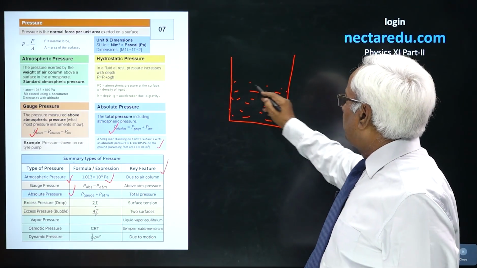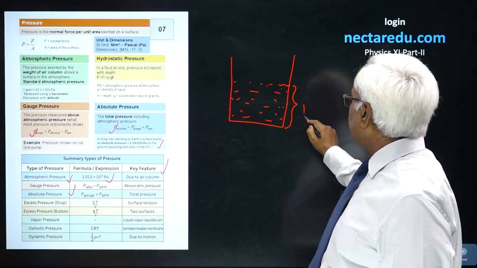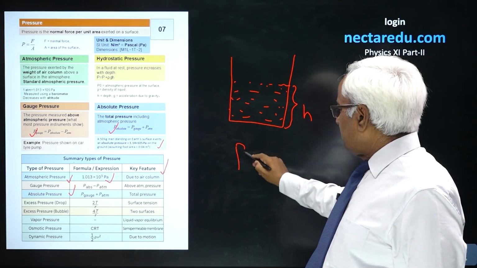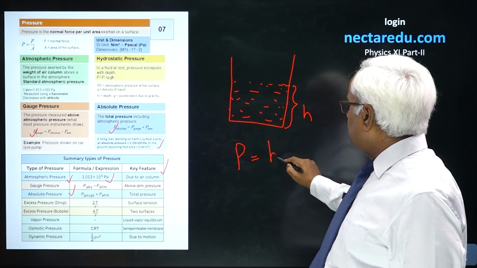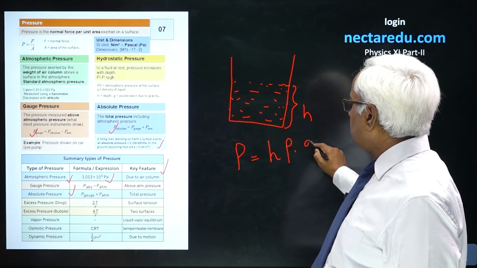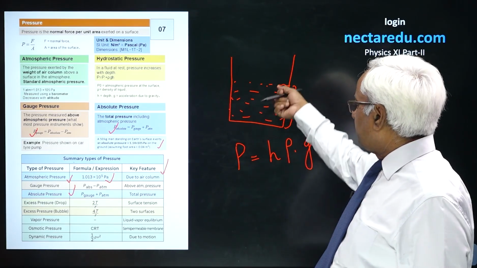Because of the liquid, suppose its column height is H, then this hydrostatic pressure is going to be H rho g. Here rho is the density of the liquid.